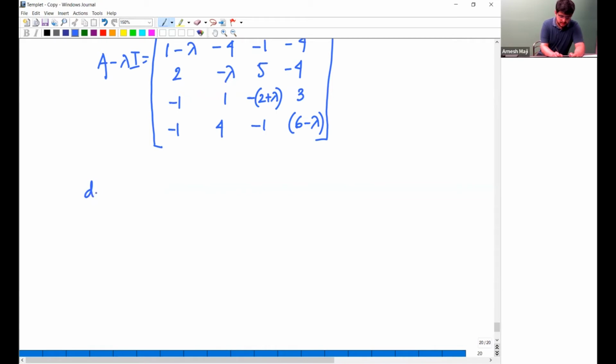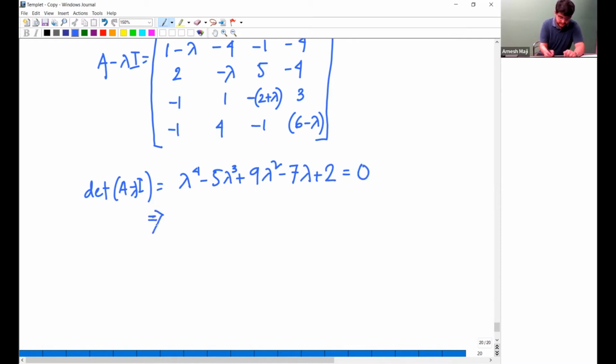So if we just take the determinant, you can do the multiplication on your own, and that will lead to this, which is equal to 0.